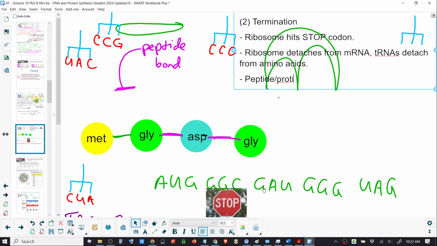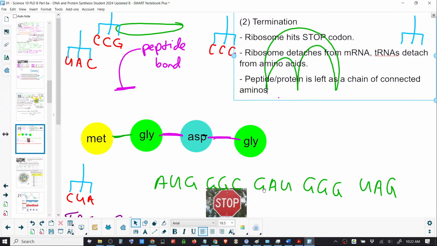Peptide/protein. Chain of connected amino acids.